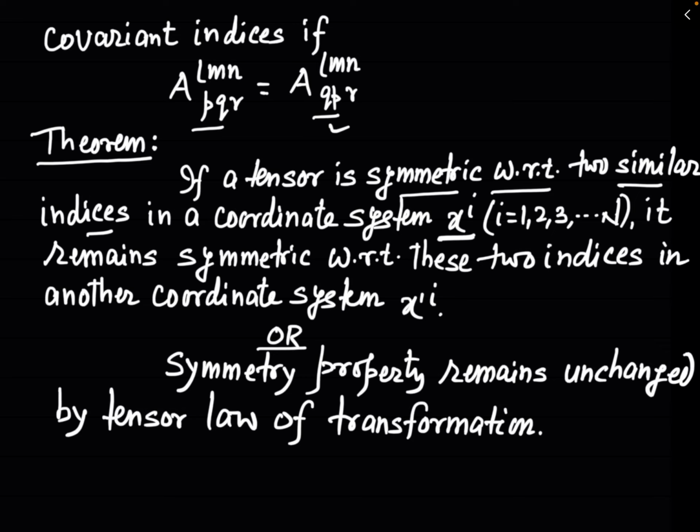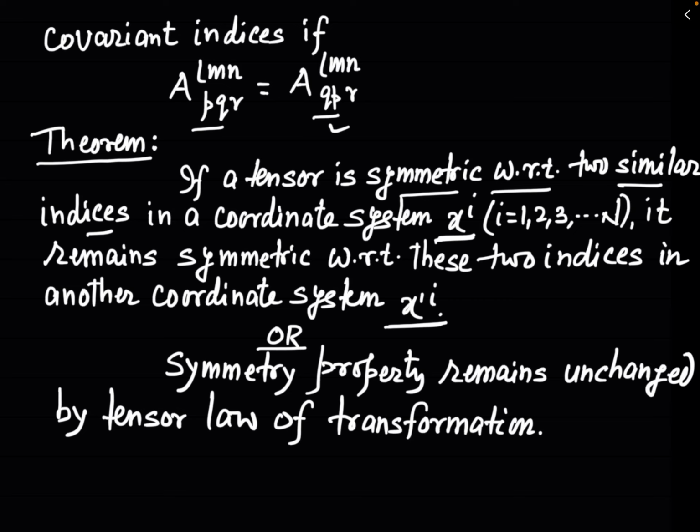So if we consider a symmetric tensor in a coordinate system, let us say xi, or a coordinate system S with variables xi, then this tensor remains symmetric with respect to the two indices in another coordinate system S prime too. In this other coordinate system the variables are x prime i.